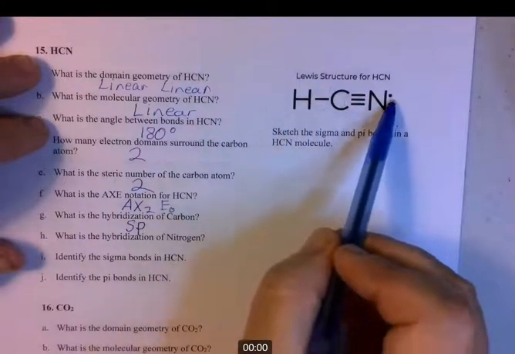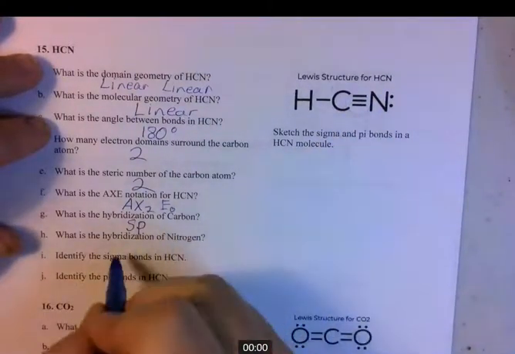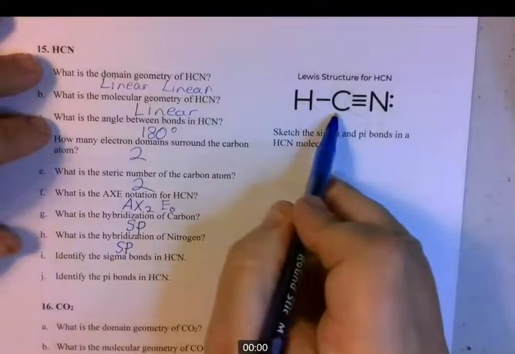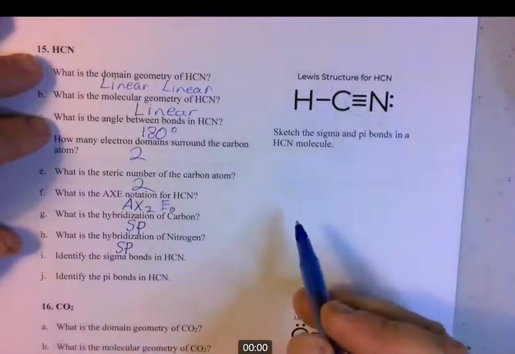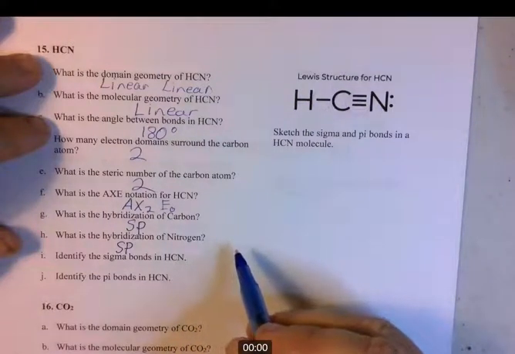But this one has an electron domain there and an electron domain there, the nitrogen. So nitrogen also has an sp hybridization. It doesn't have to be the central atom to have hybridization. This can have hybridization too, and it does.